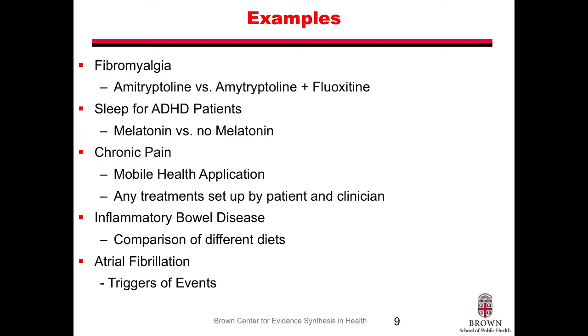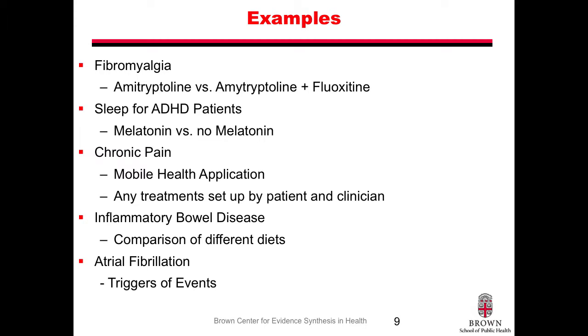A recently funded trial with PCORI, which will be starting in January, I believe, is looking at two different types of N of 1 trials. We're working with some patient provider networks, one on inflammatory bowel disease, looking at two different diets, a modified diet and a strict diet.